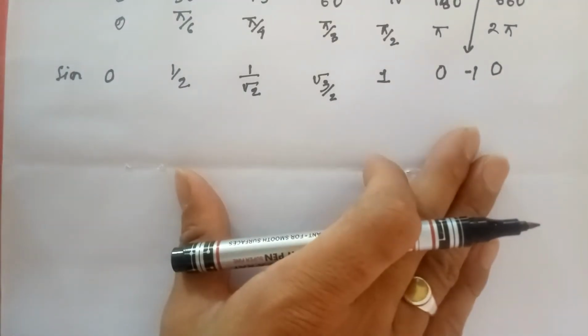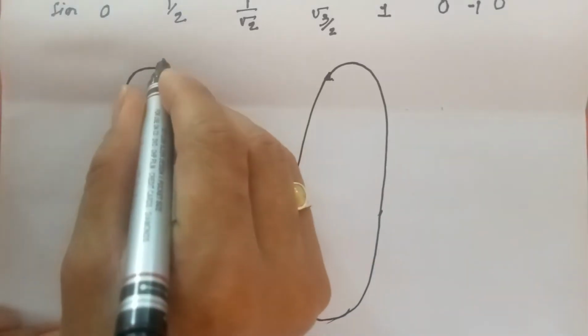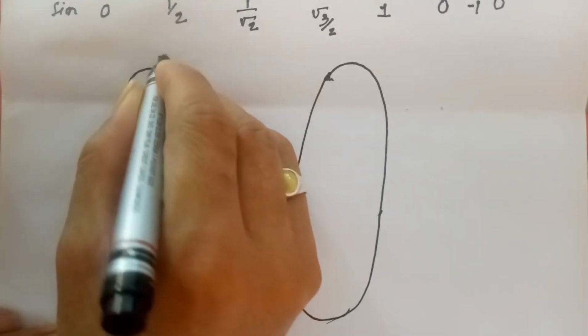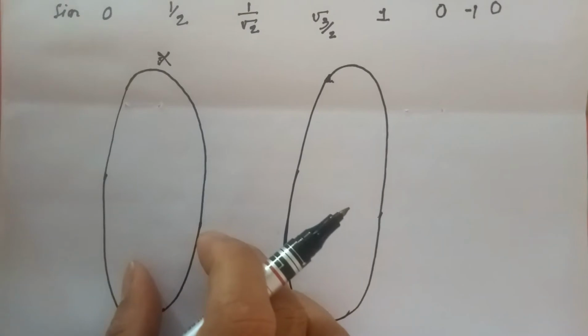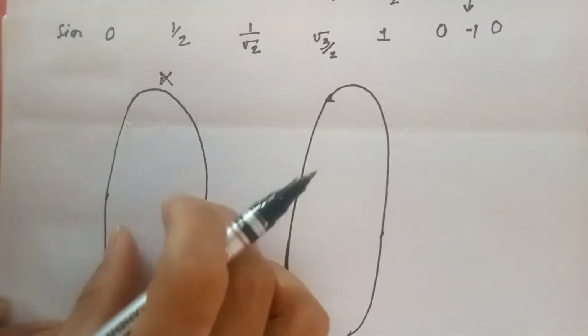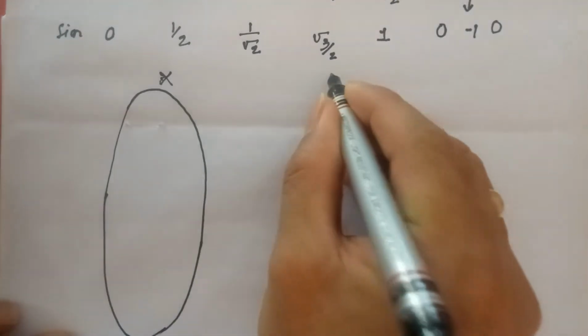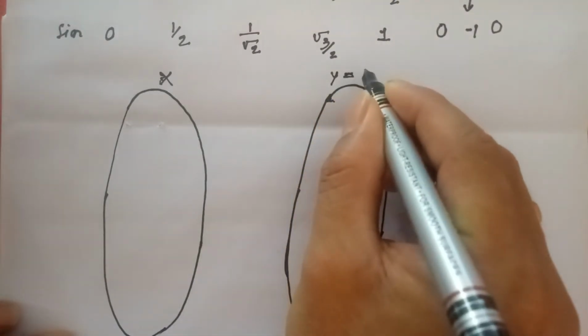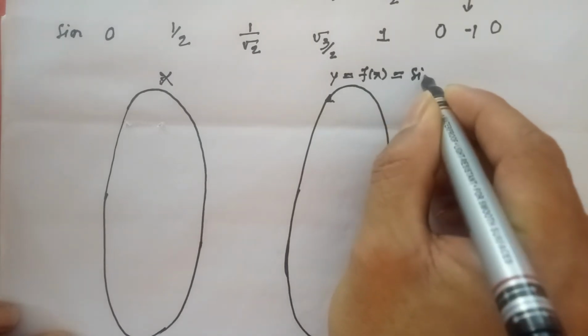Now I am going to map this sin x function. This is x, the set of all real numbers, but we do not write all real numbers, we write some chosen values. This is y, which is equal to f of x, which is equal to sin x.